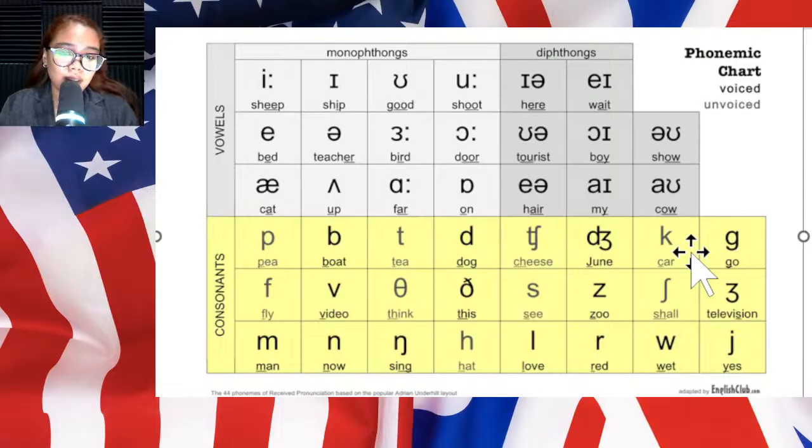Okay, so the K consonant is incredibly common and is a key part of many English words. Because it happens so far back in the mouth, it can feel a little different than the sounds we have practiced so far. So that's why it's also difficult, no? But with a bit of repetition, it will become very natural for you.